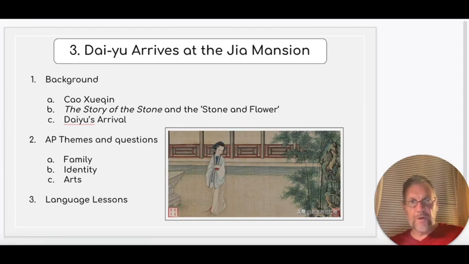So what I would do for that class is I would give them about 15 pages of chapter 3 to read, and I would give it to them from the main English translation of Dream of the Red Chamber, which is by David Hawkes, and uses the title Story of the Stone, or Shitoji.